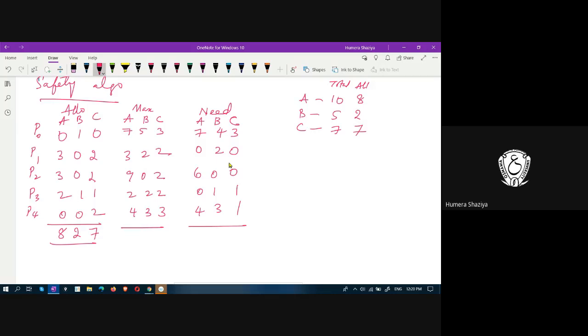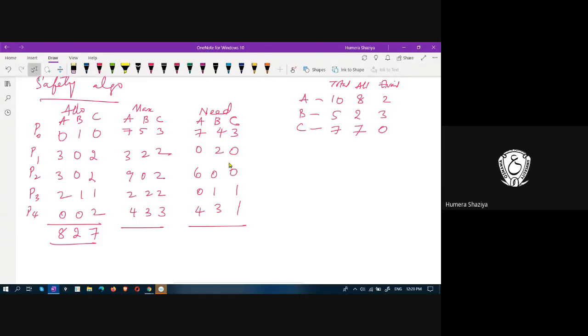Then what are the remaining resources, meaning the available resources? 10 minus 8 is 2, 5 minus 2 is 3, and C is 0 because 7 minus 7. Okay.